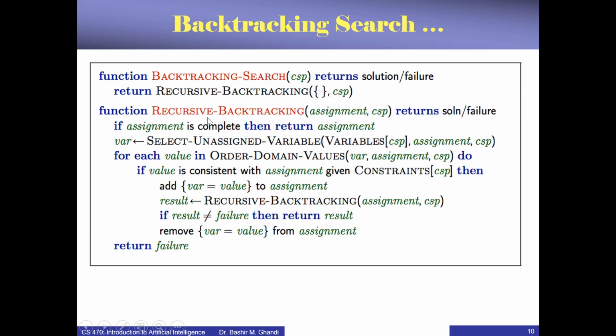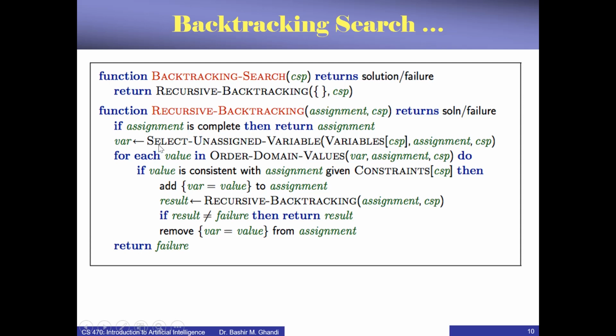Alright, so let's see how it works. So the recursive algorithm first checks if the assignment is complete, then returns the assignment and stops immediately. Otherwise, you're going to select a variable from the list of variables in the problem.